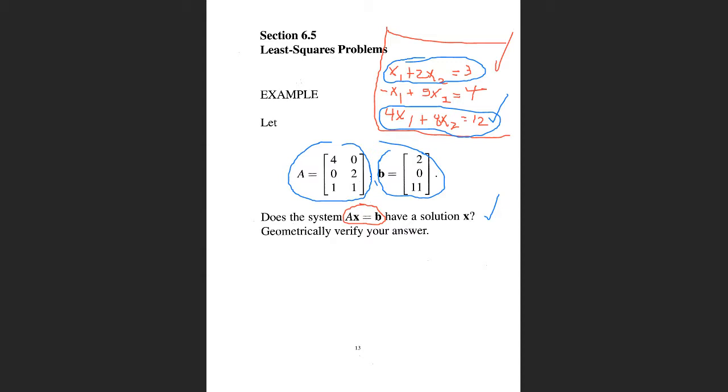Okay, is there a free variable? Some students are saying that when you solve for x1 and x2 here, you get a free variable. But do you? In other words, you do not. That's right, Robin. x1 equals 1 and x2 equals 1.